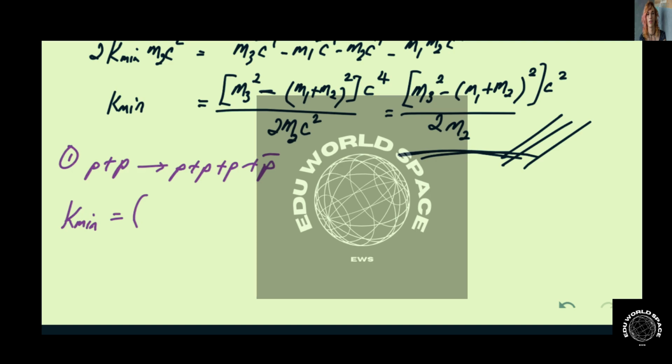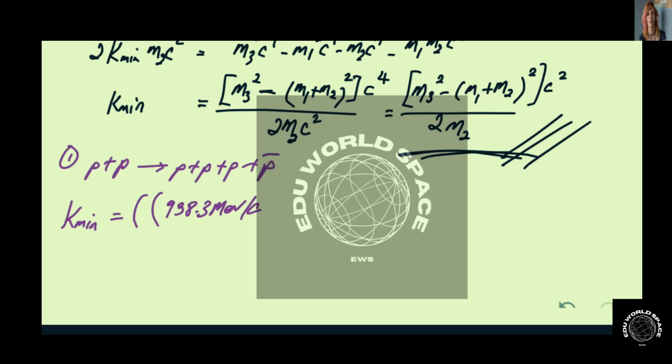So we're going to use the masses in terms of MeV per c square. Alright, so it's 938.3 MeV per c square. So we have M1 plus M2 because they are both the same masses, so we just multiply this by 2 square. Sorry, I have to deal with M3 first.